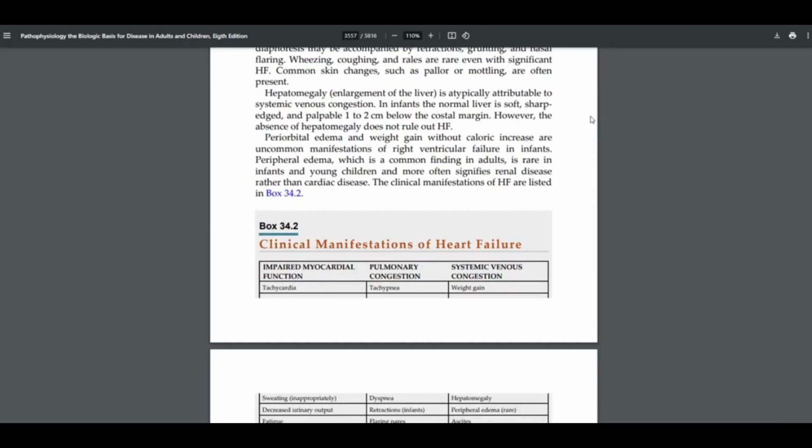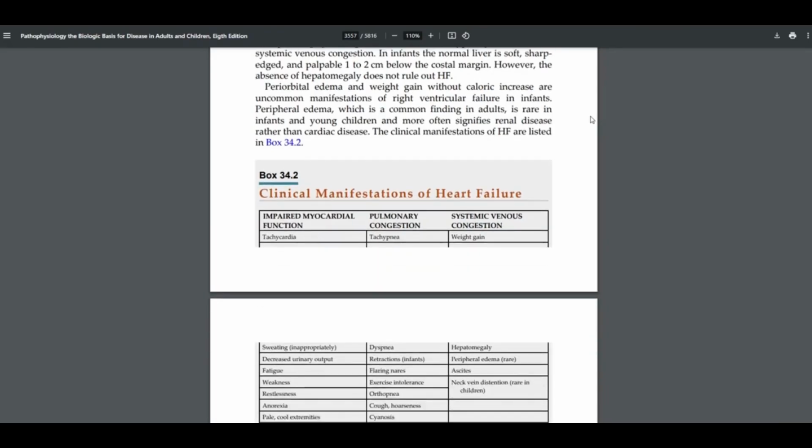So, for instance, our impaired myocardial function is tachycardia, pulmonary congestion is tachypnea, and our systemic venous congestion means there is weight loss. Whereas if our impaired heart function is sweating inappropriately, the pulmonary congestion is dyspnea, and our systemic venous congestion is hepatomegaly.